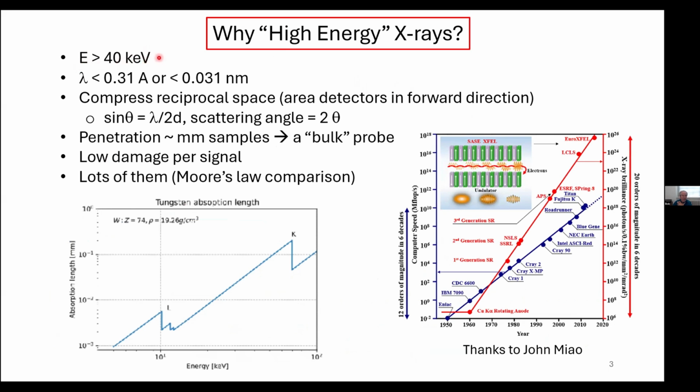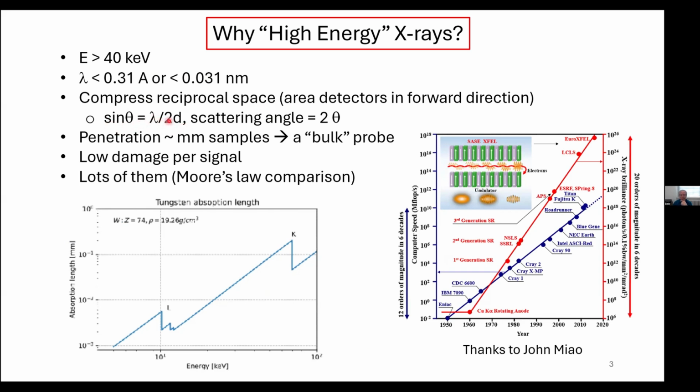What I mean by high energies is photon energies above 40 kilovolts, which implies that the wavelength is substantially sub-angstrom. And the effect of the short wavelength is to compress reciprocal space. Let's look here. This is basically Bragg's law.